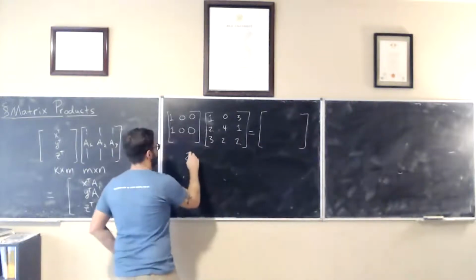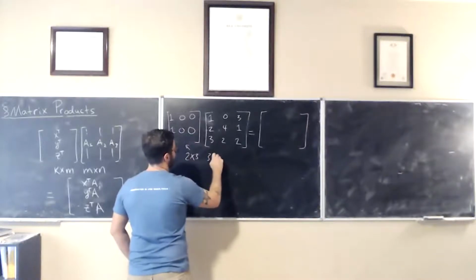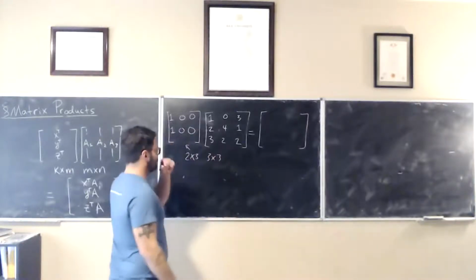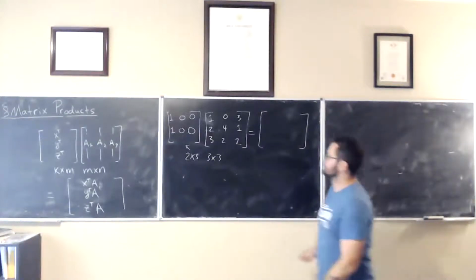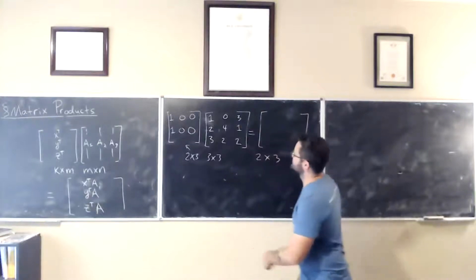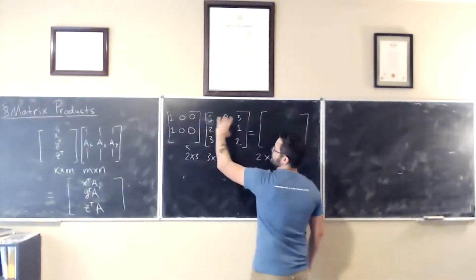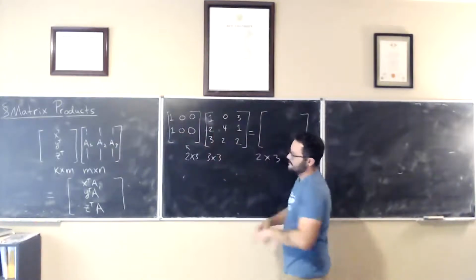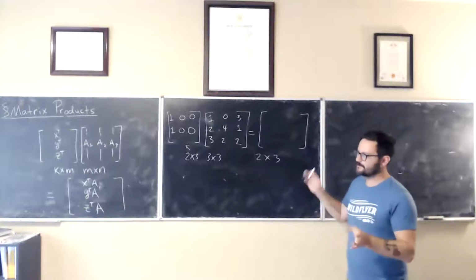We have a 2 by 3 over here, and a 3 by 3 over here. It'll be 2 by 3. It's going to be 2 rows and 3 columns, because that column times the matrix goes right there, and that column times the matrix goes right there. Just think about the column interpretation first if you get mixed up.